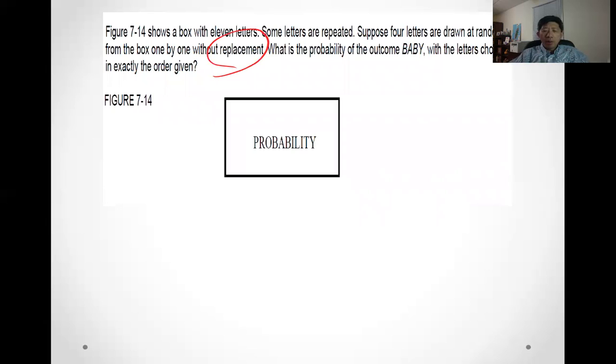What is the probability of the outcome BABY, with the letters chosen in exactly the order given? Okay. So in this example, we want to find the probability of BABY, right?